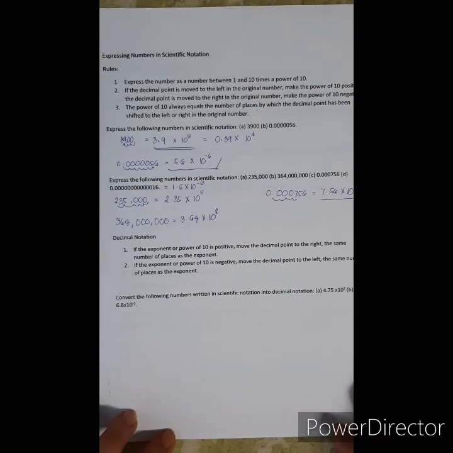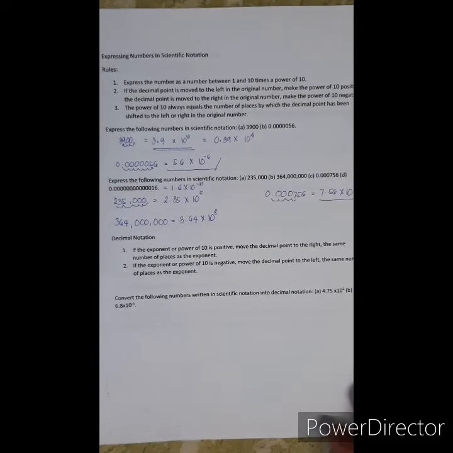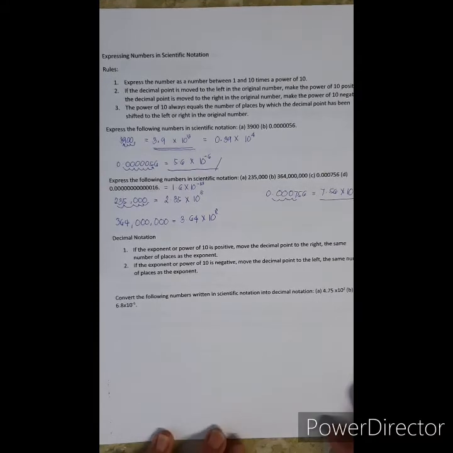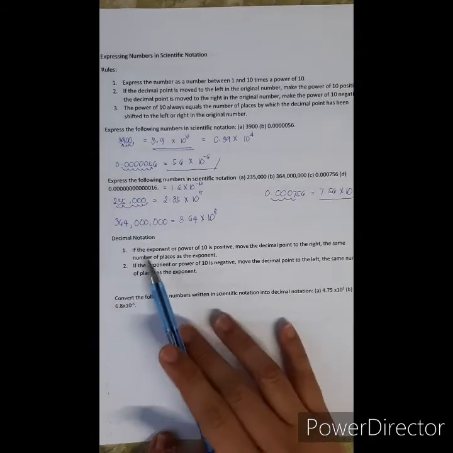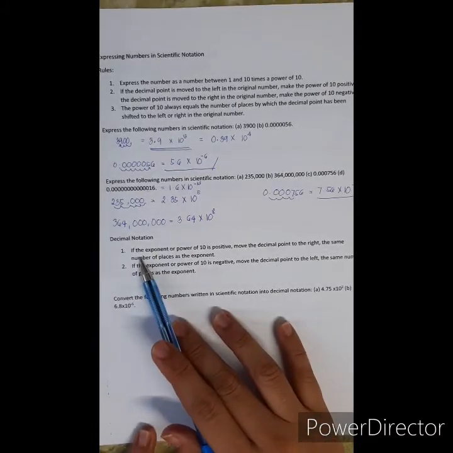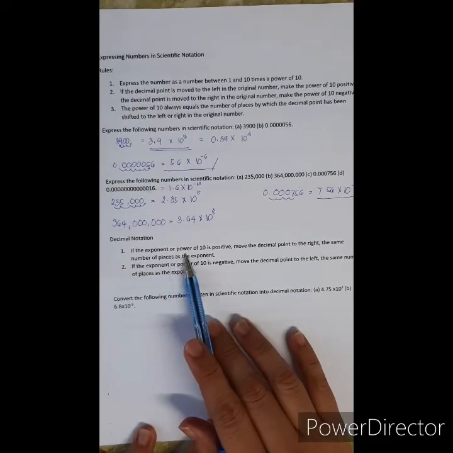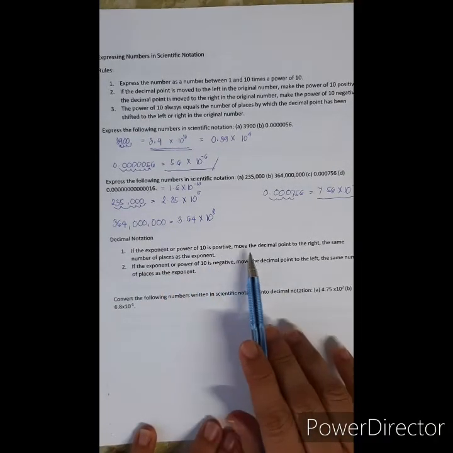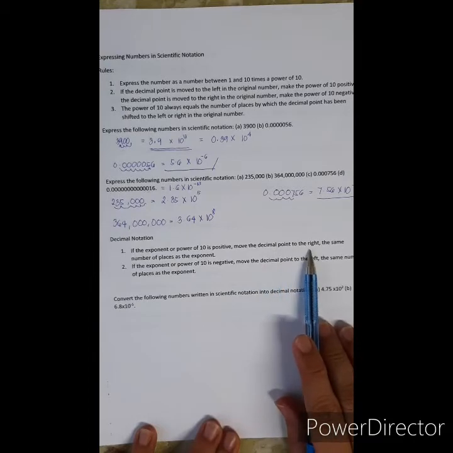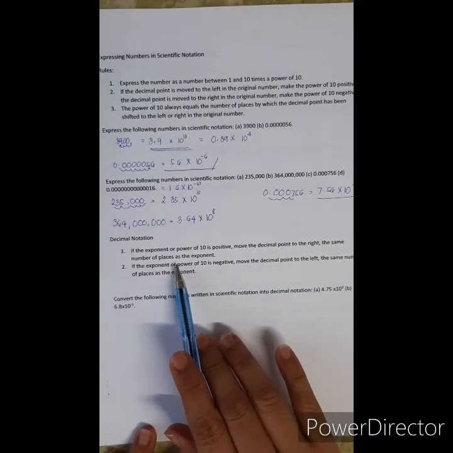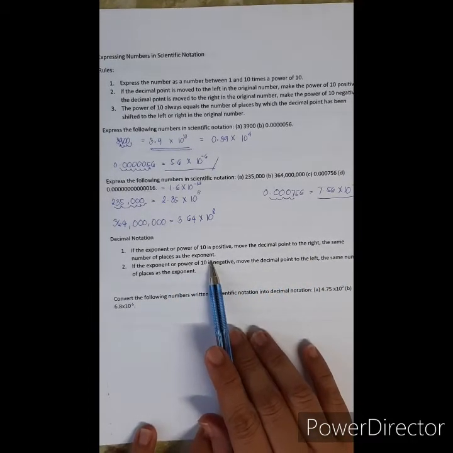So, how about converting a scientific notation into a decimal notation? Okay? So, we have here the rules. If the exponent or power of 10 is positive, move the decimal point to the right the same number of places as the exponent.